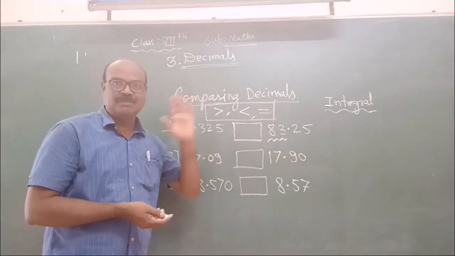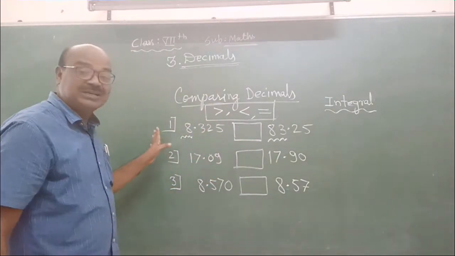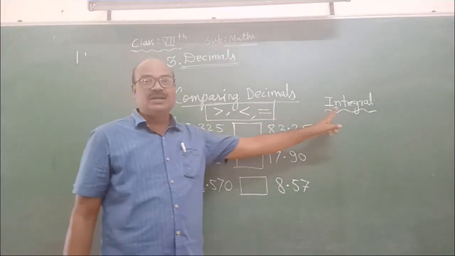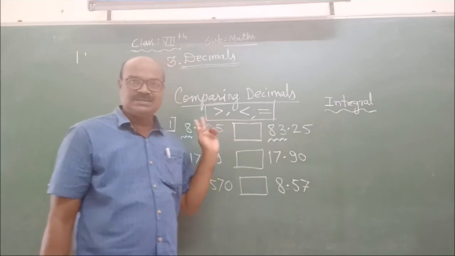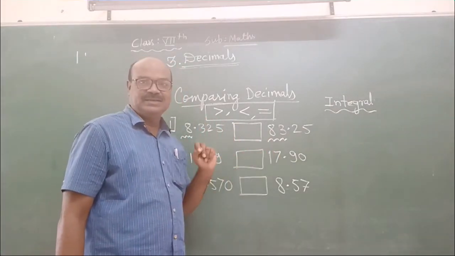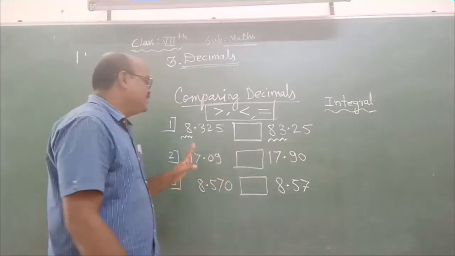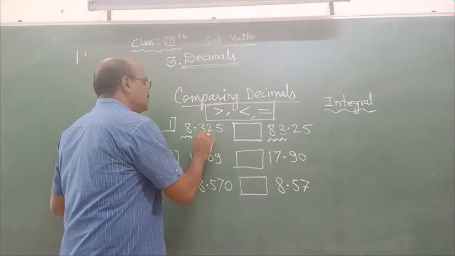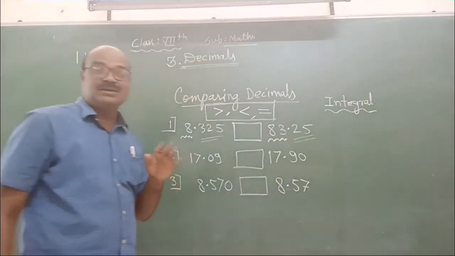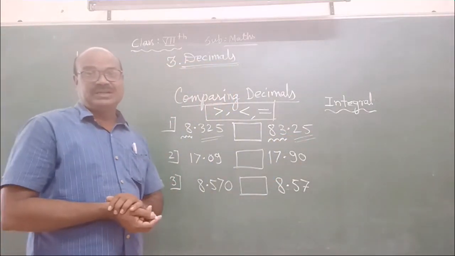That is integral part. So in first example, if I observe these integral parts of both the decimals, then here it is 8 and here 83. So we need not observe these parts, the latter part after decimal point.